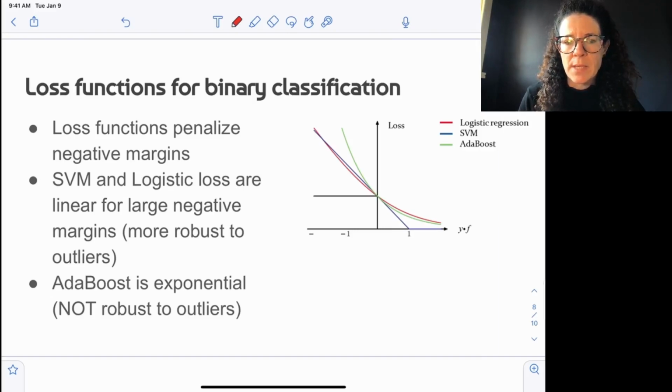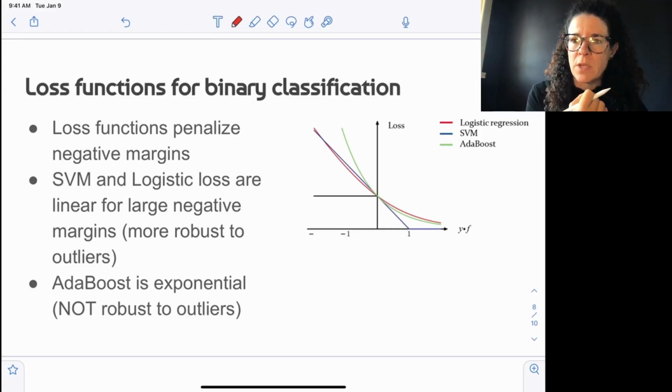What is going to happen is that a loss function like AdaBoost that is exponential is going to concentrate too much, maybe, on outliers. Suppose you have a photo of a cat, but somebody mislabeled it as a dog. That is an outlier, for example. The AdaBoost exponential loss function is going to concentrate on those outliers and misclassified examples too much, in comparison to SVM or logistic regression losses.